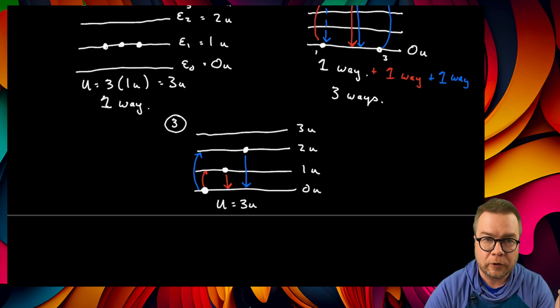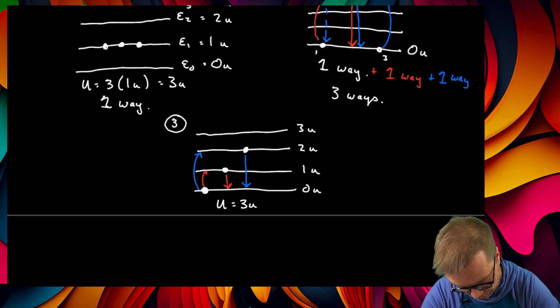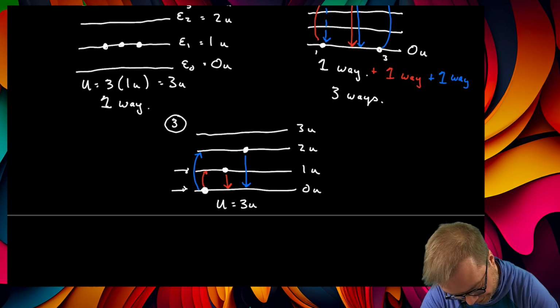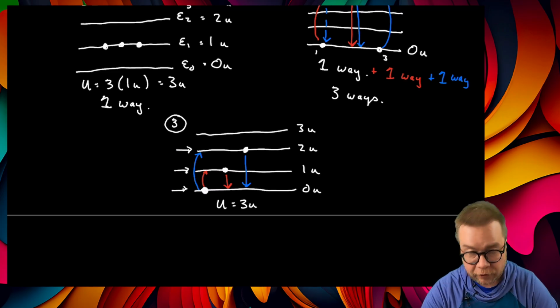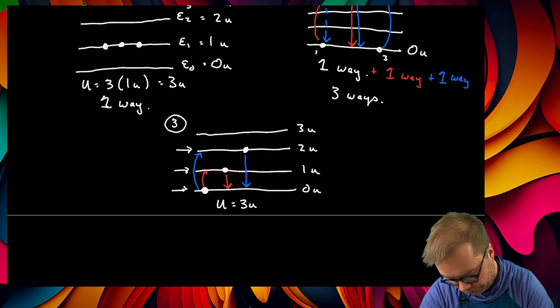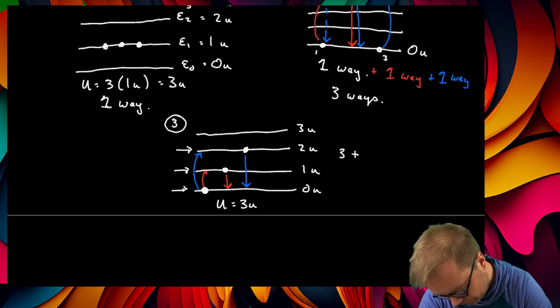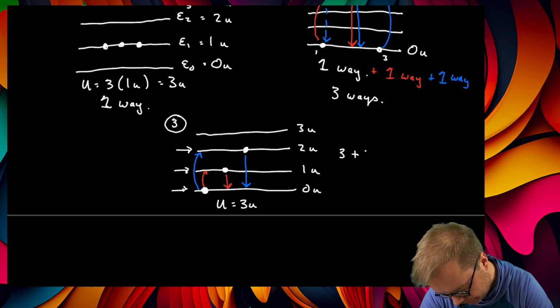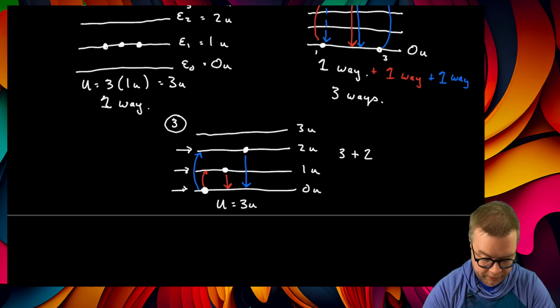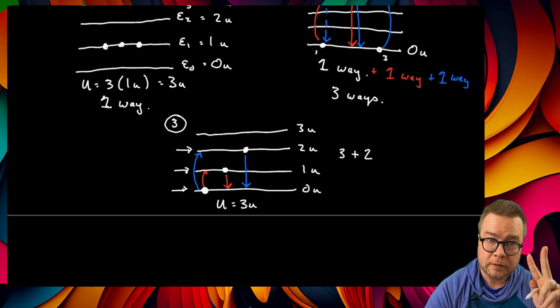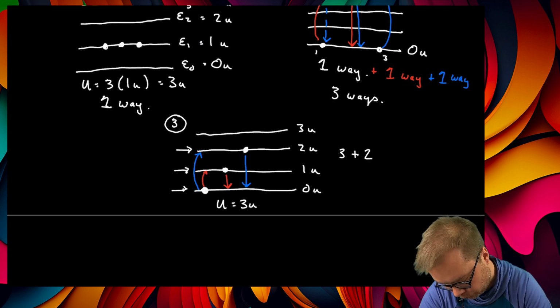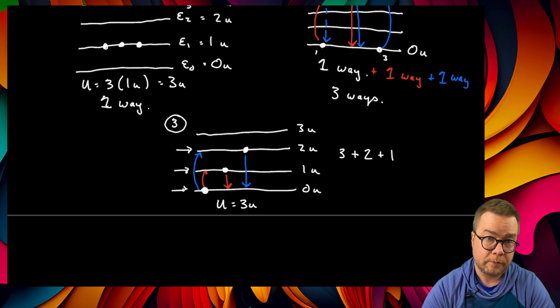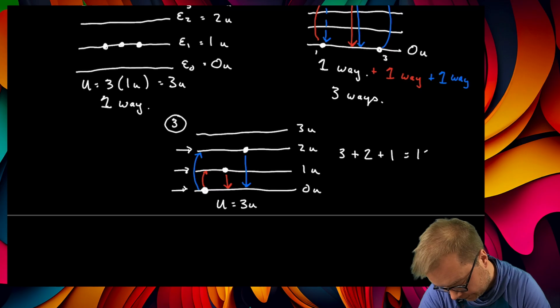If I take the first particle, and I can put it in either that energy level, or that energy level, then for the first particle, I've got 3 ways that I can do that. And then depending on where I put the first particle, I've got 2 choices for the second particle. And with 2 of the 3 particles specified in energy levels, that only leaves 1 option for the third particle, giving me a total of 10 ways.